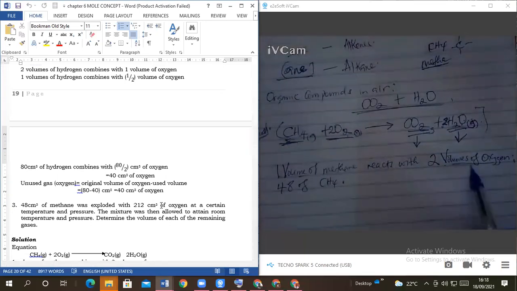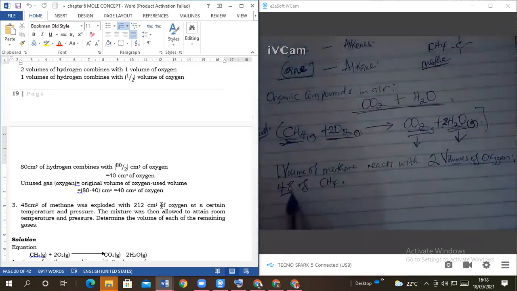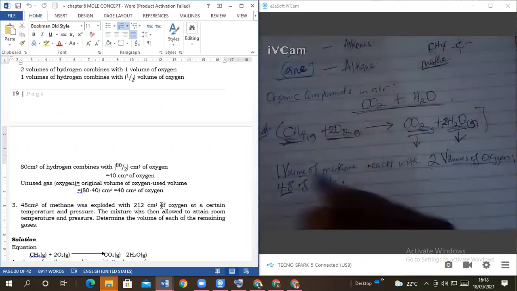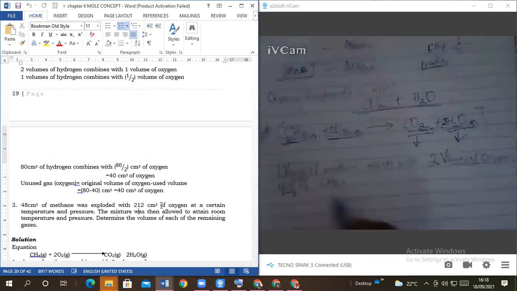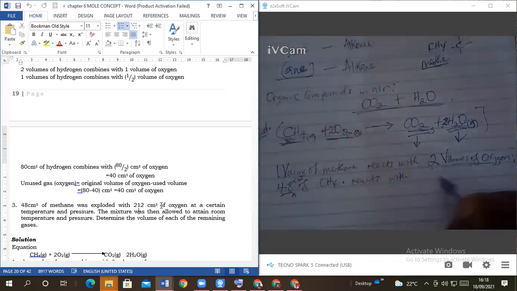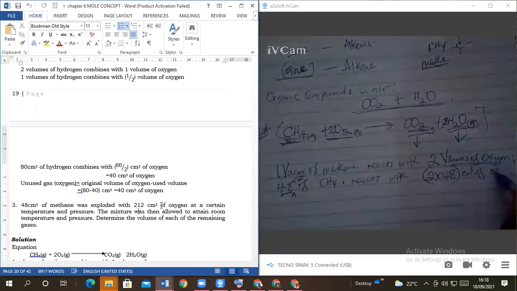What volume of oxygen does 48 cubic centimeters of methane react with? 2 times 48 cubic centimeters of oxygen.